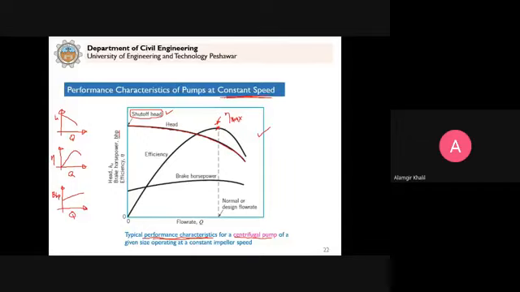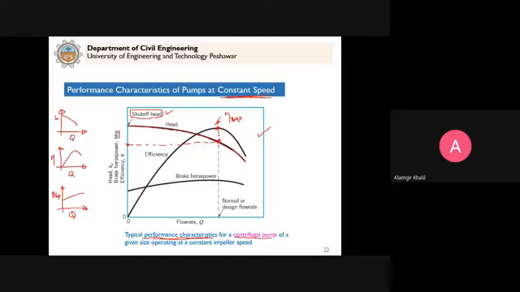If I come here, this will be the head corresponding to the maximum efficiency.